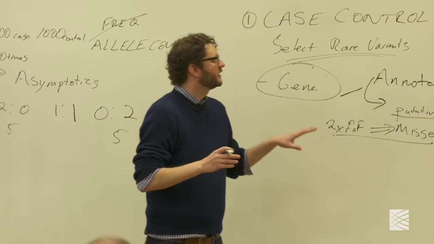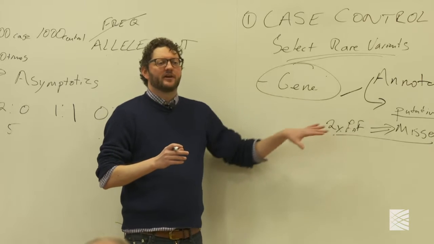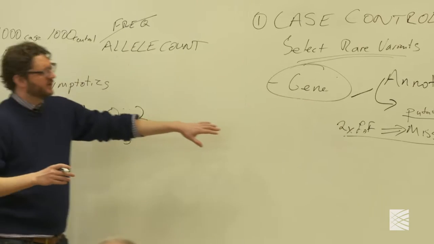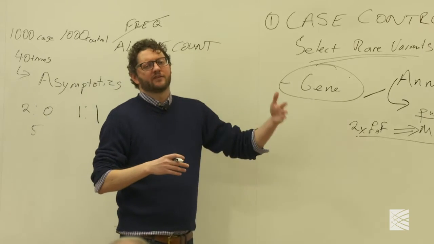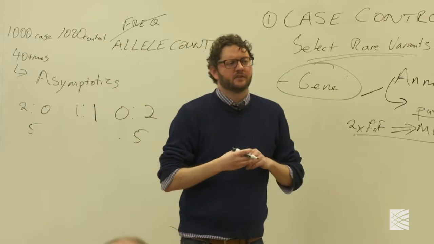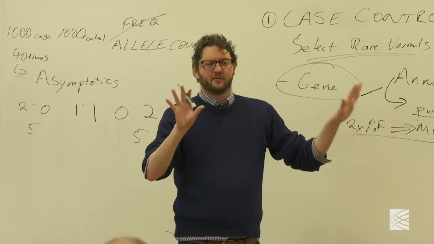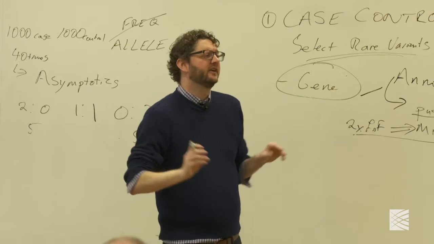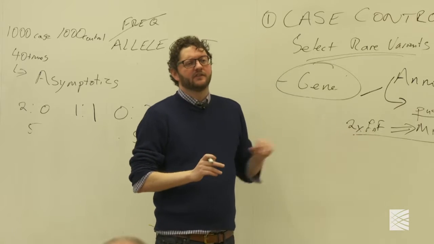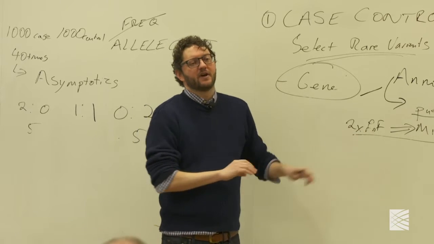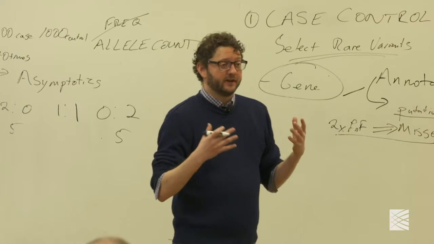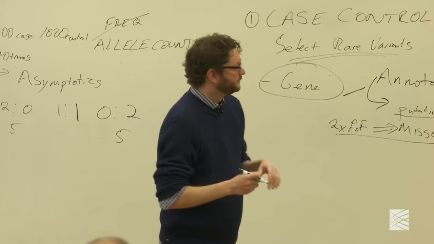But if you start to combine information about frequency with information about predictions of what the consequences of certain mutations are, with information about comparative genomics and how different species tolerate or don't tolerate these kinds of missense mutations, you might actually start to do a slightly better job at being able to sort out what these missense mutations really are that matter and those that don't.